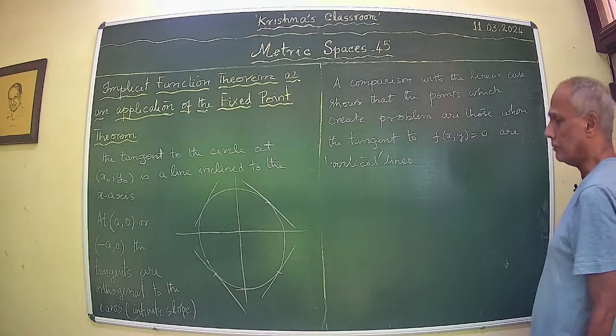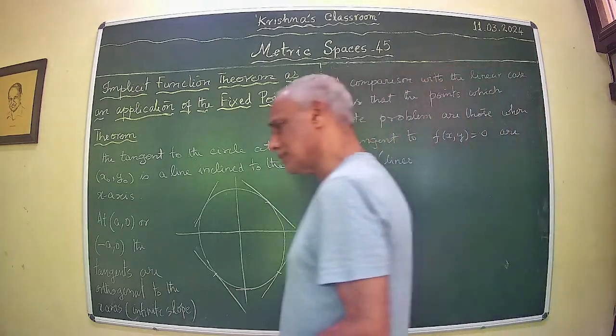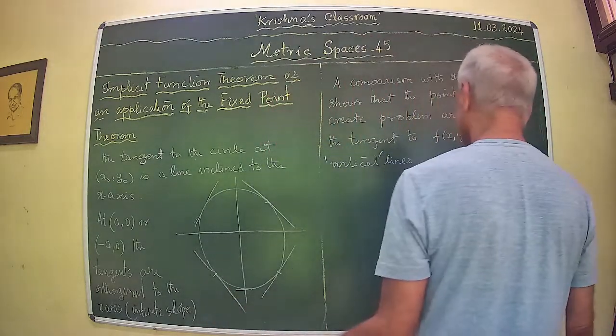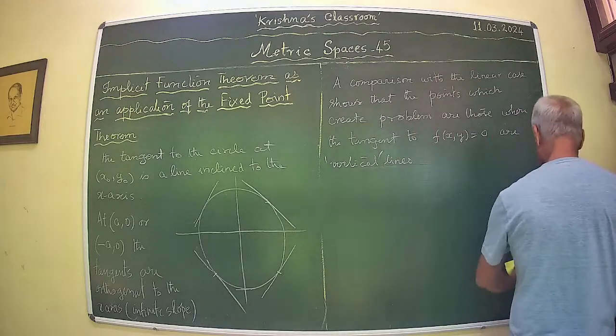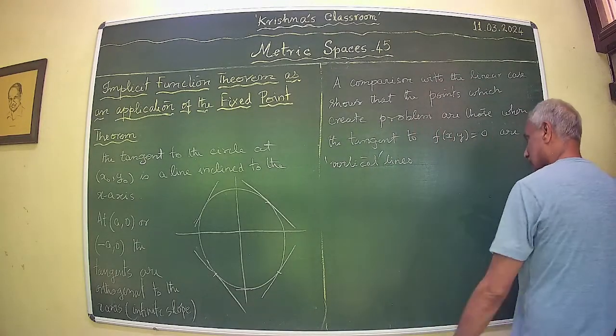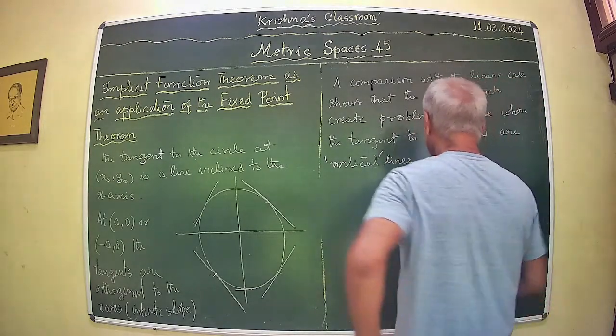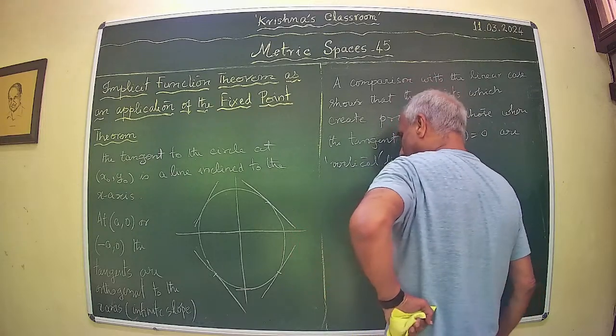At all other points where it is not vertical, there is some neighborhood, etc. So we'll make that statement very precise later. Therefore, we have to avoid these points.